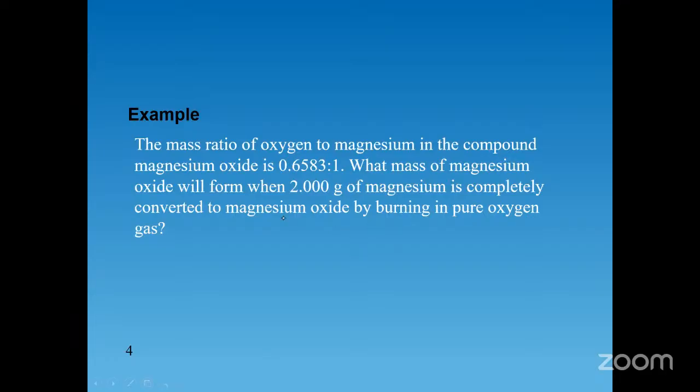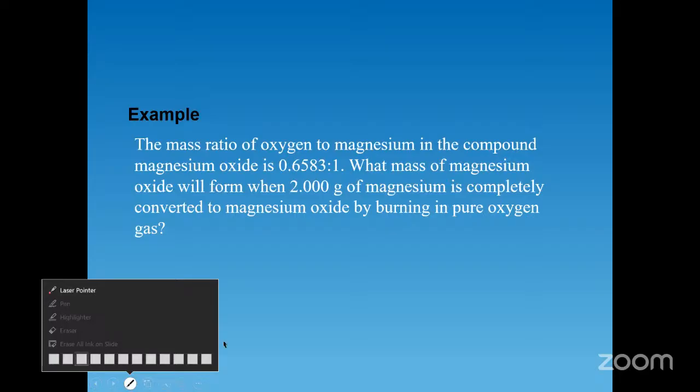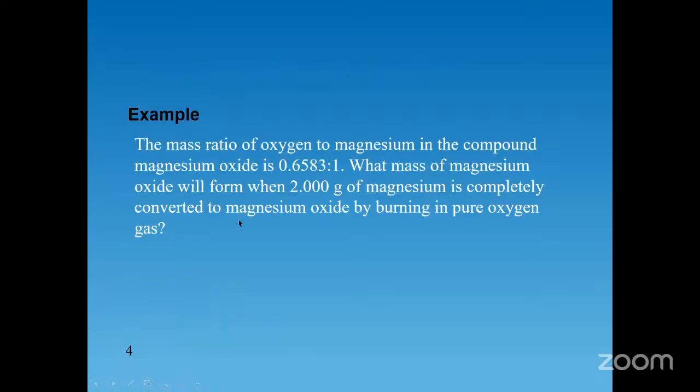They gave you the mass of the magnesium, it's combining with the oxygen, right? And they gave you the ratio of the oxygen to magnesium, which is right here. So the first thing I will do is start off with the 2.00 grams of magnesium. I would find out the mass of oxygen that would react with it.